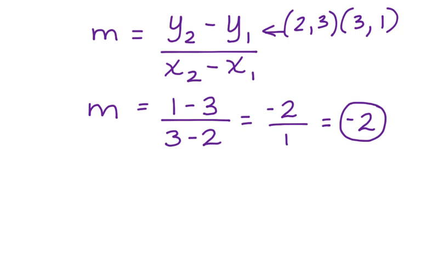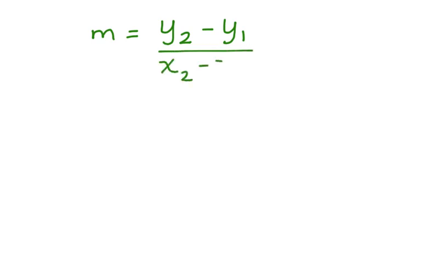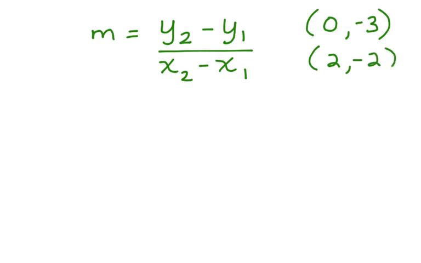Now let's figure out the slope of line B. Again, we're going to use the slope formula. The slope is equal to y2 minus y1 over x2 minus x1, and line B passes through (0, -3) and (2, -2).